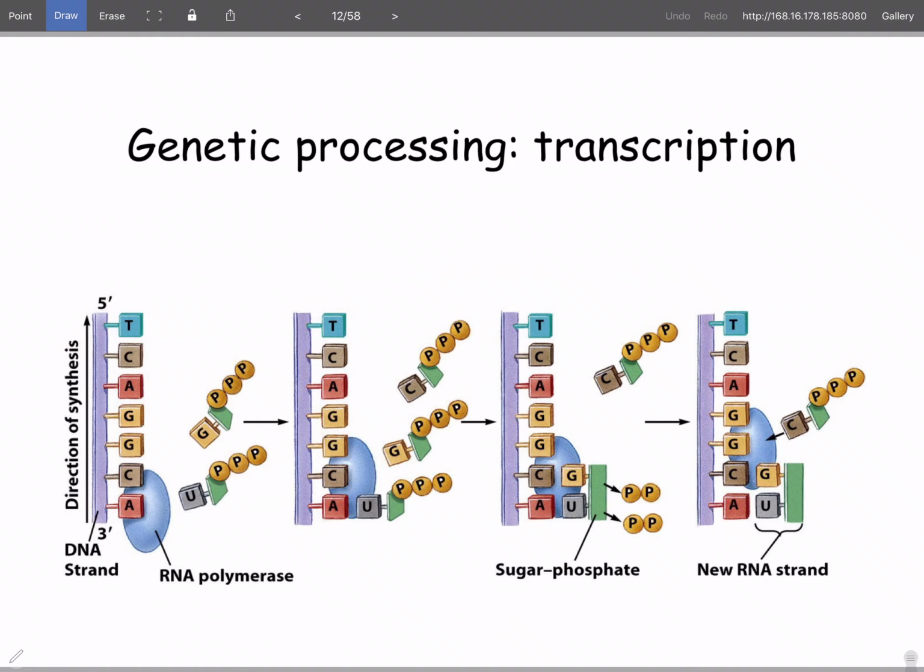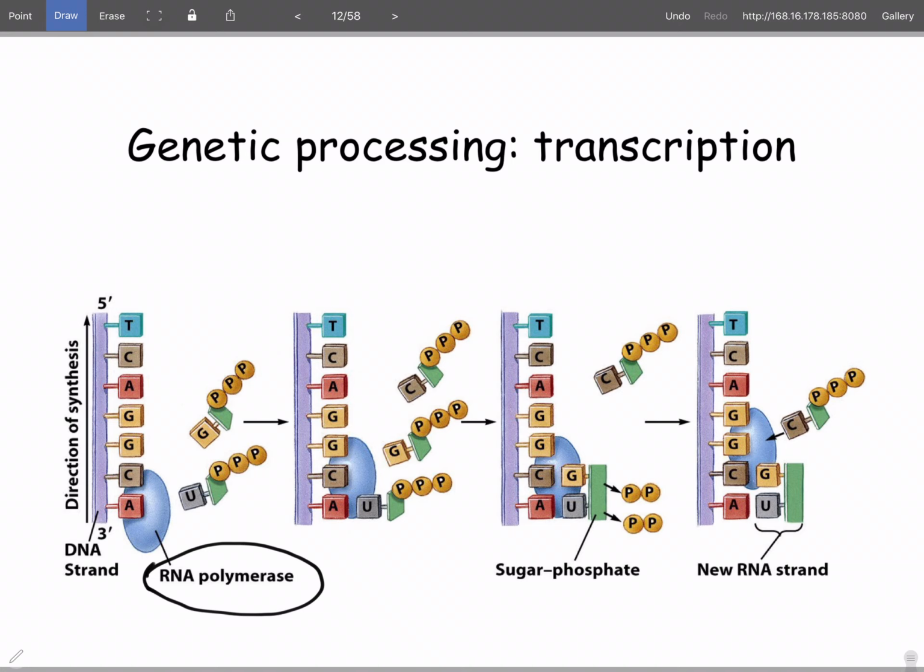Okay, so we're going to talk about the process of transcription. Transcription is going to occur using an enzyme that we call RNA polymerase, right? It's functionally similar to DNA polymerase in that it makes a complementary copy of nucleic acid from a template molecule.